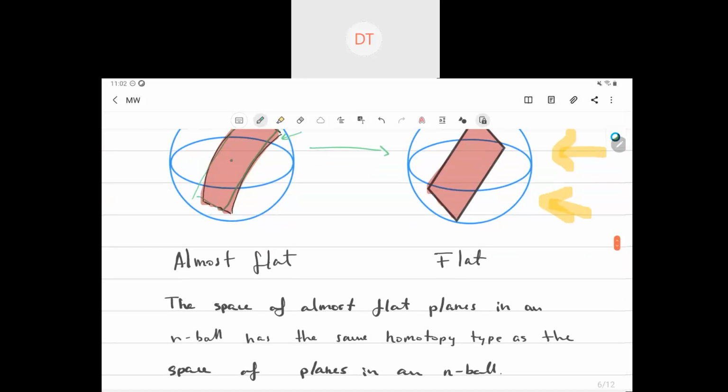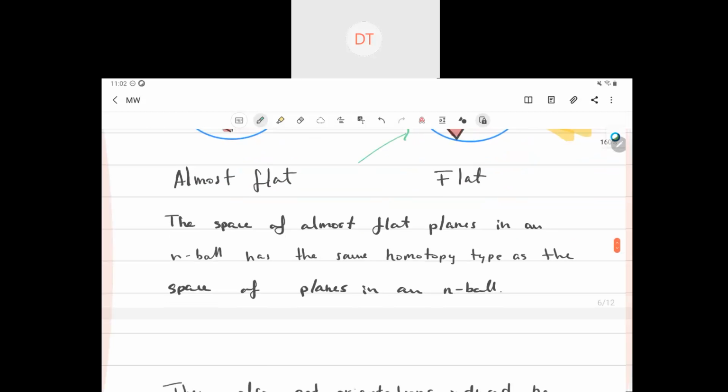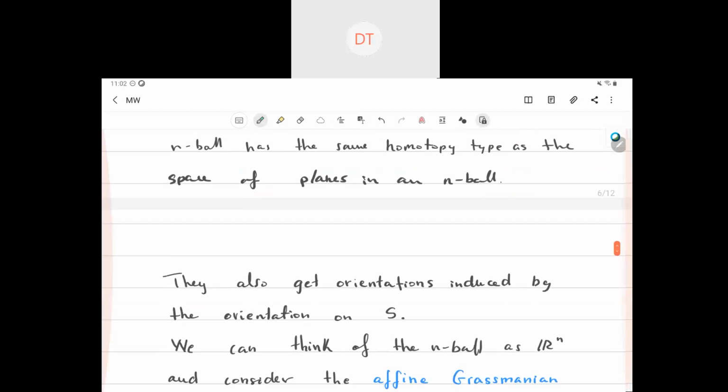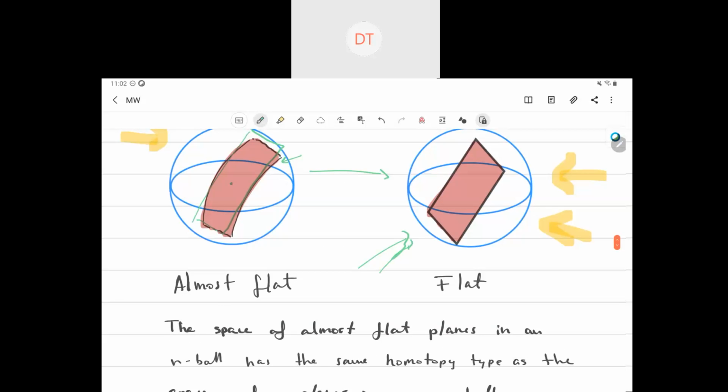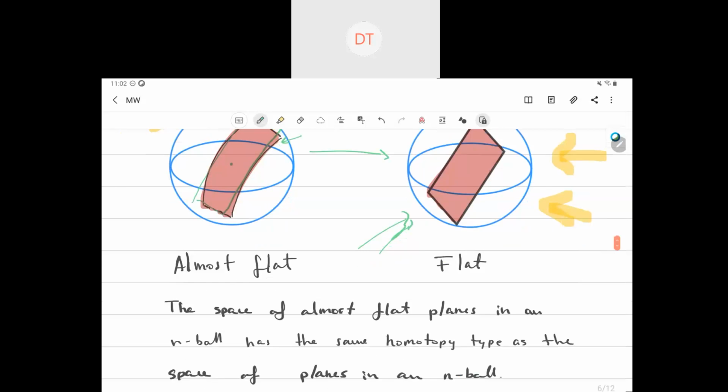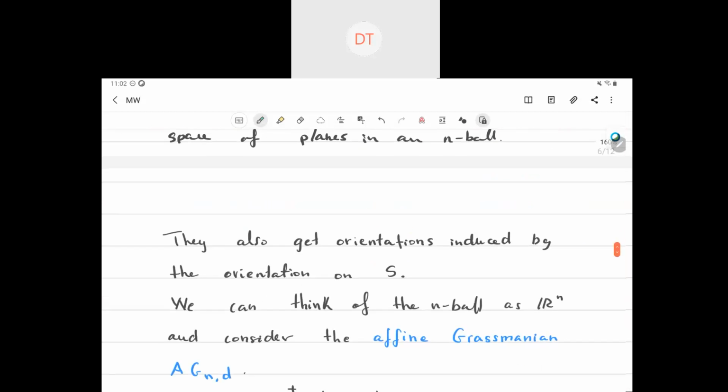So our scanning map really is getting things like this. Of course, since S was oriented, that induces orientations on the things that we get, as defined by S.